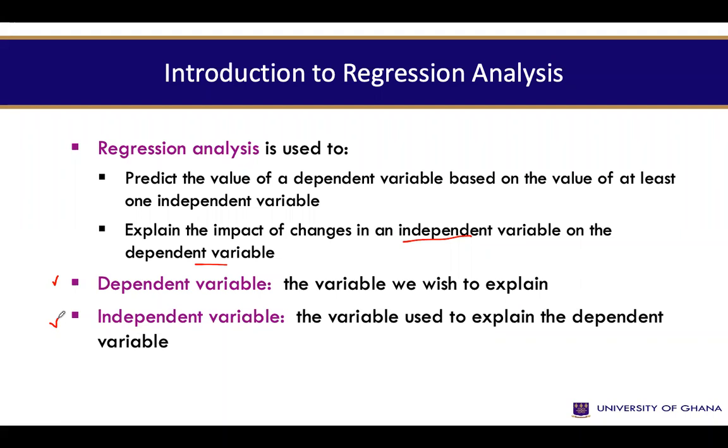In this case, your quantitative method score becomes your dependent variable, and your business math score becomes your independent variable. The independent variable is used to explain the dependent variable, basically. In some books they call it the predictor variable, because it is being used to predict another value of a variable. Very good.